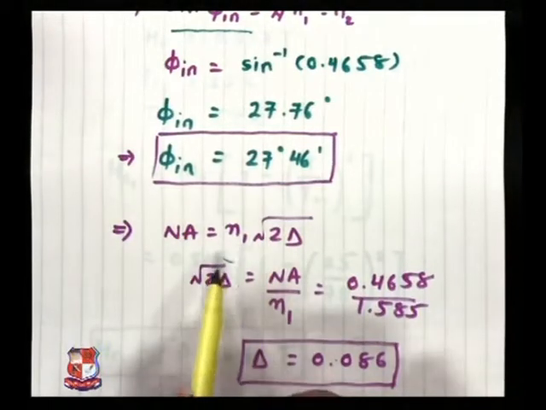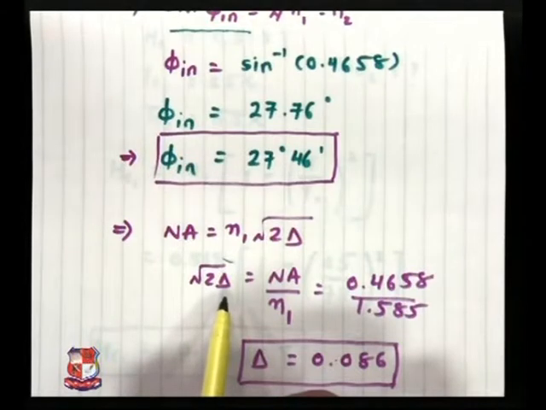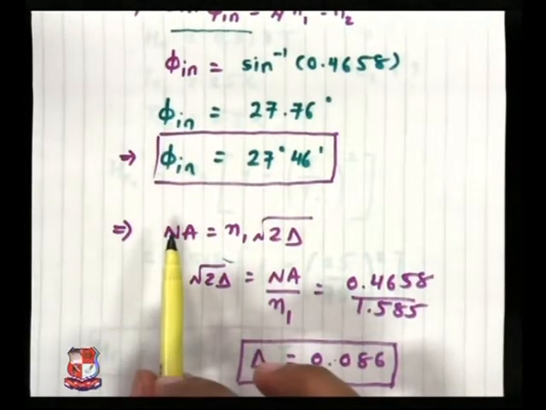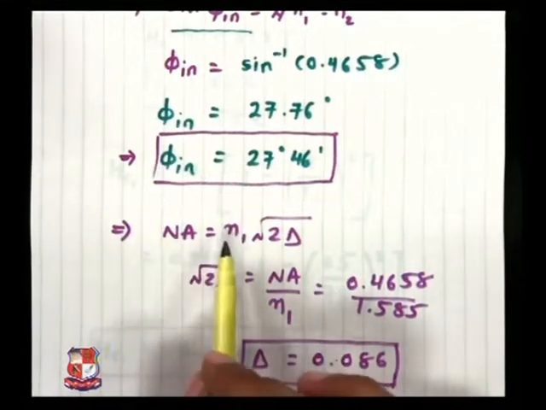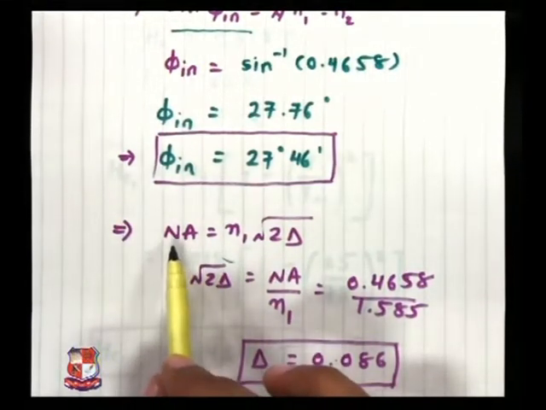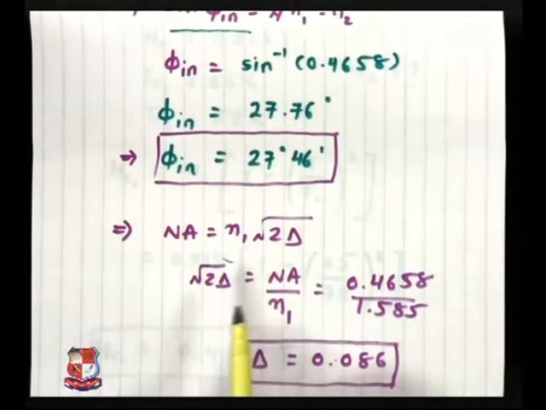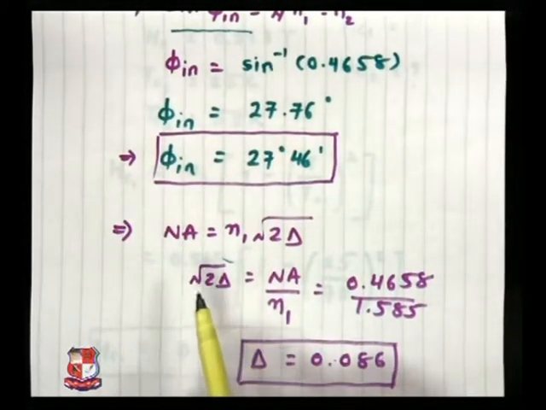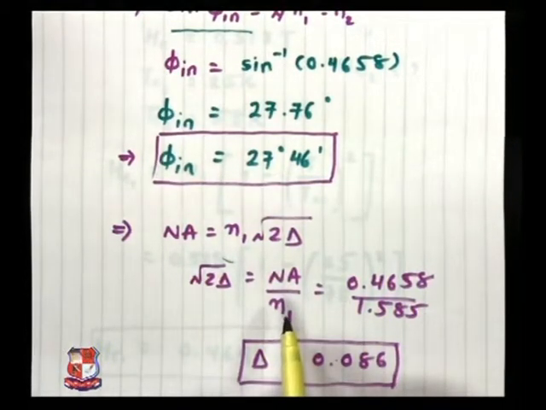Taking eta 1 to the other side, it goes into the denominator, so we get under root 2 delta equal to numerical aperture upon eta 1.